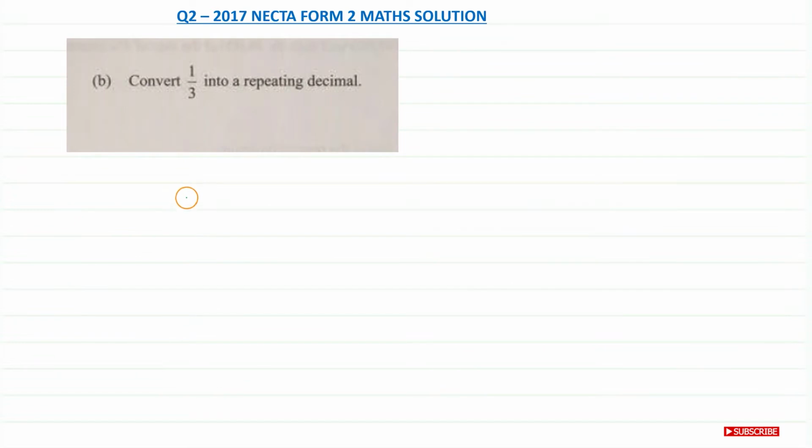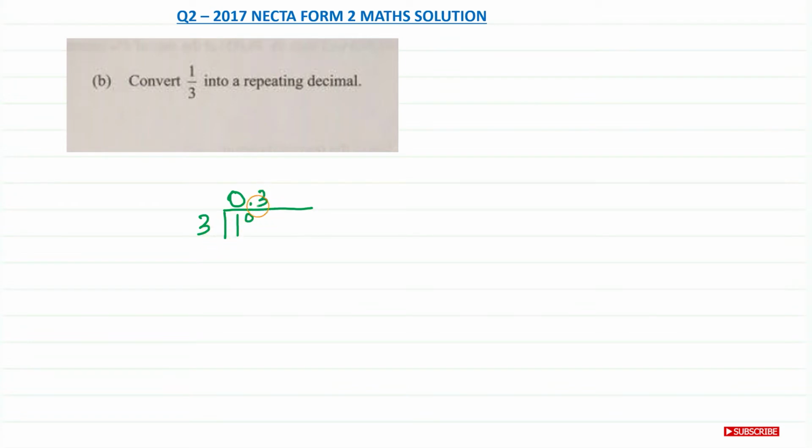And now for 2b, we're asked to convert 1 over 3 into a repeating decimal. So I'm just going to use my short division here. I've got 1. How many 3s are in 1? Well, 0. And then I have to put a decimal, and now I have to add 0 every time I go. So I've got 10. How many 3s are in 10?